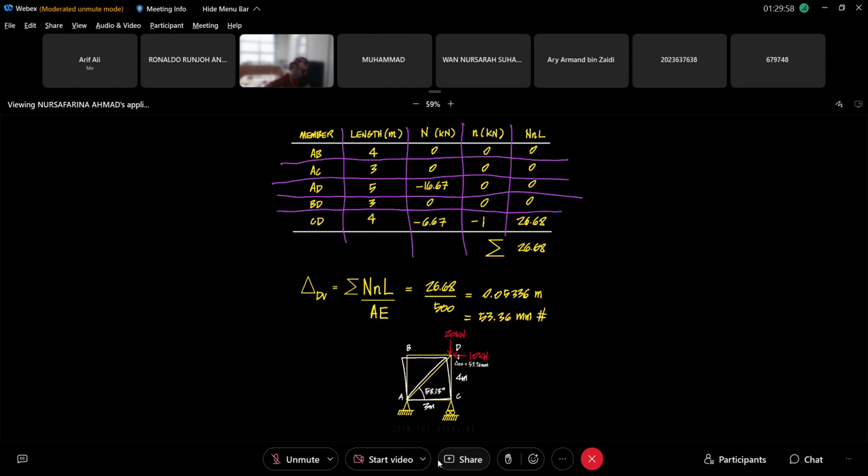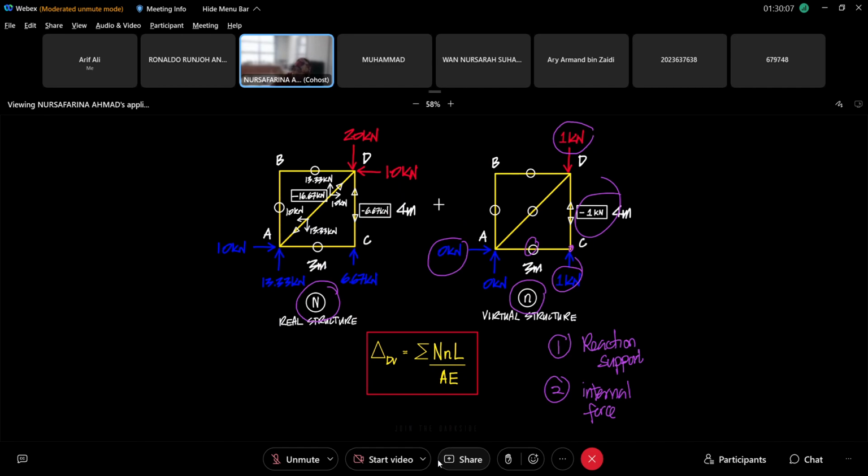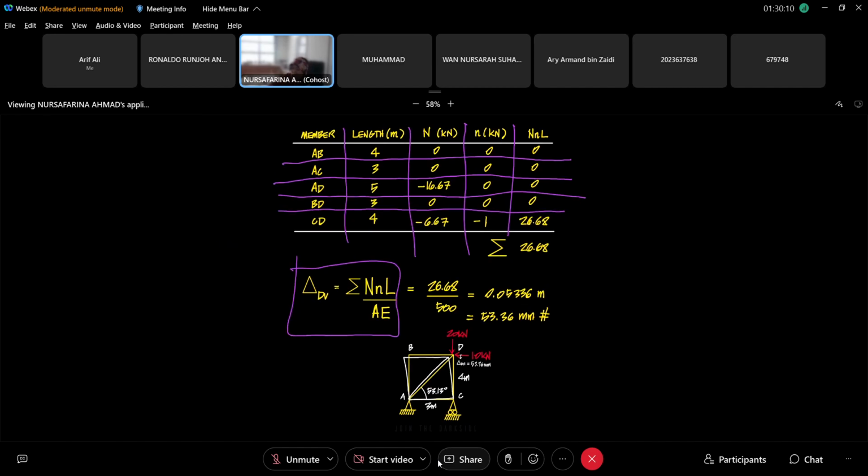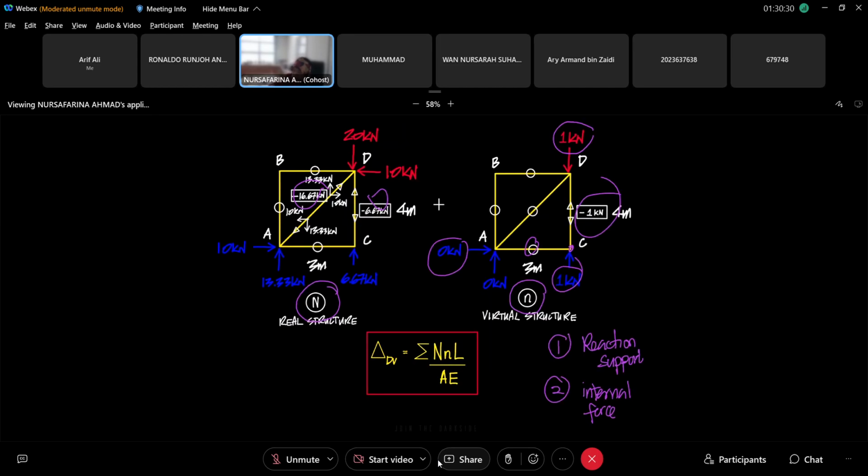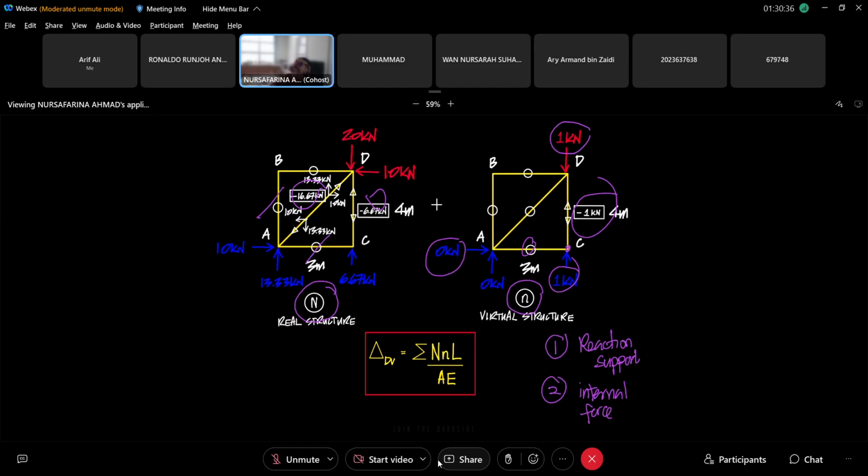Based on the equation we got earlier, delta vertical, you put in everything you have found into the table: real moment, real internal force, capital N, and small n is the internal force for the virtual member. For the member lengths, you find them yourself, all the lengths must be found. Here it is 4, this is 4, this is 3, this is 3. Then how does this one become 3, 4, 5?